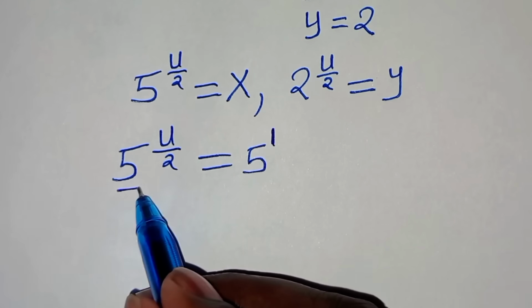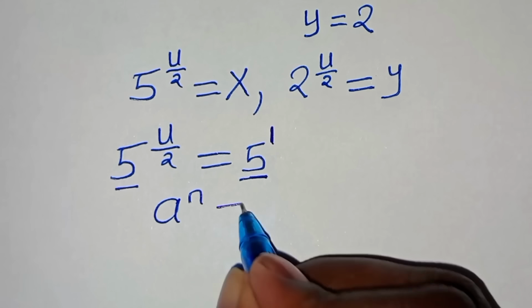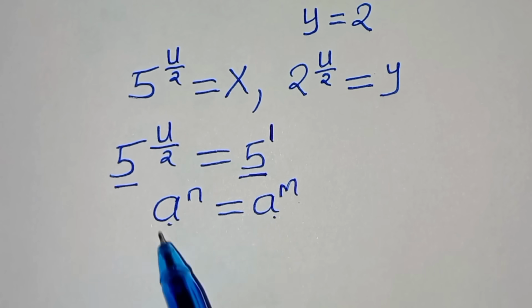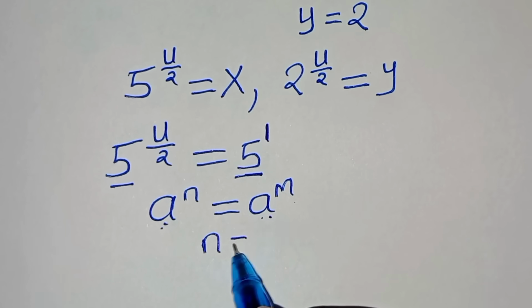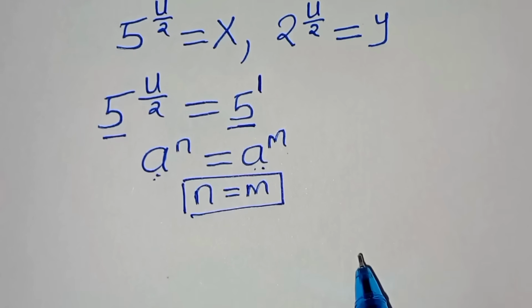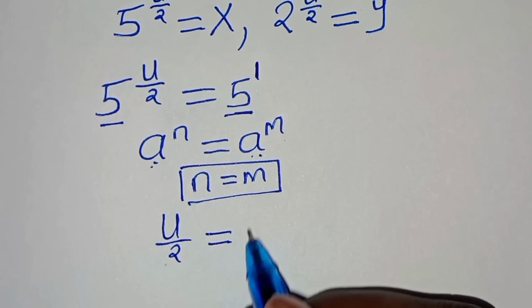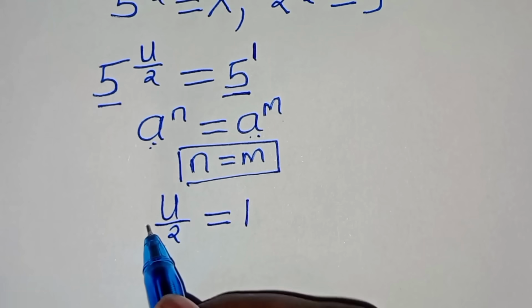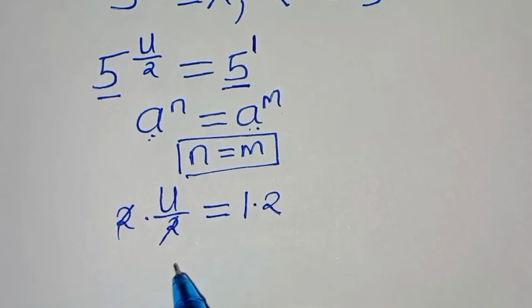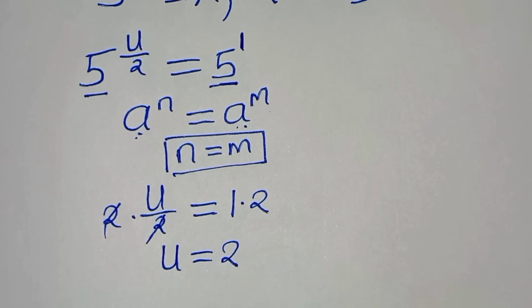Since we have the same bases here, that is a to the power of n equal to a to the power of m, since the bases are common, exponent n is equal to m. So applying this property, we have u over 2 equal to 1. So let's multiply both sides by 2, so that now we have the value of u equal to 2.